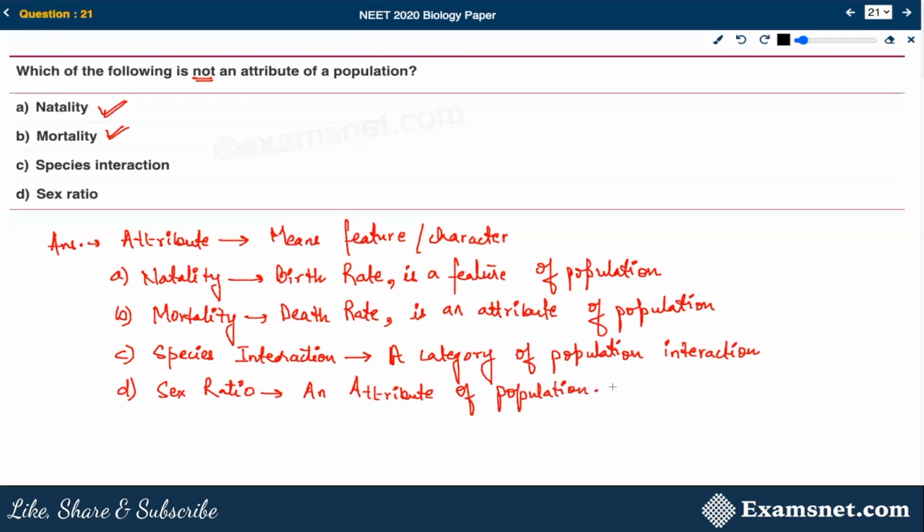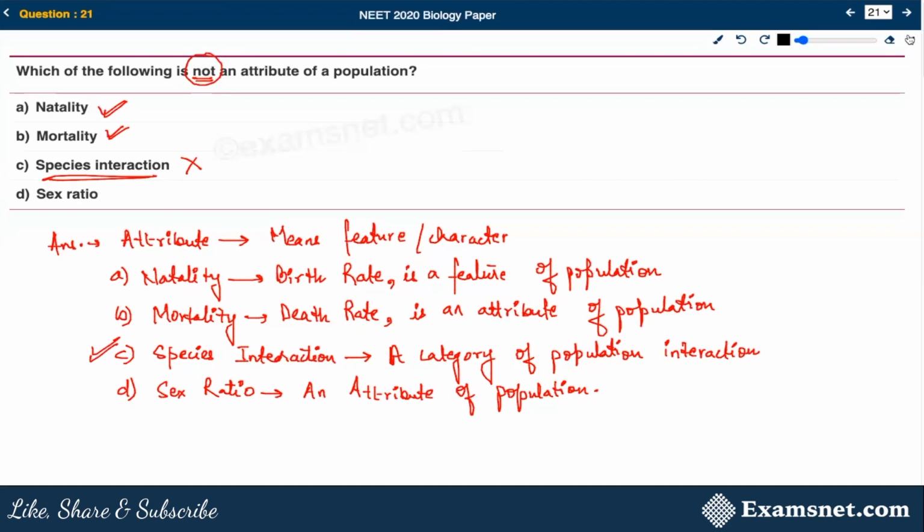So out of all the attributes that we have seen, species interaction is not an attribute of the population. So the correct answer turns out to be option C. This is the correct answer, since the question asks for what is not an attribute.